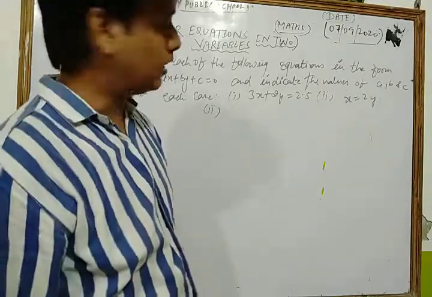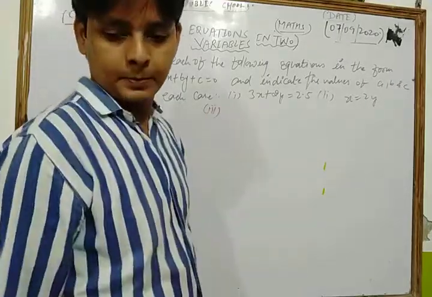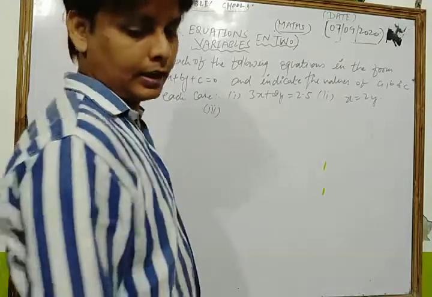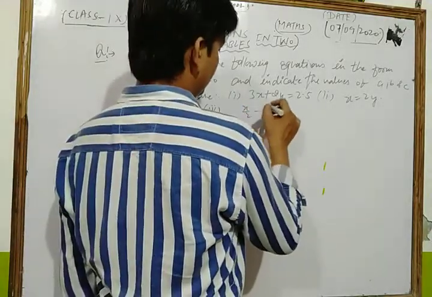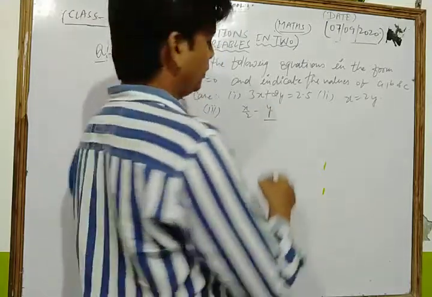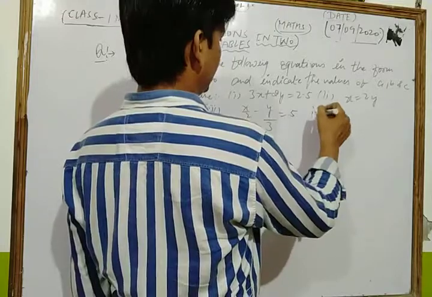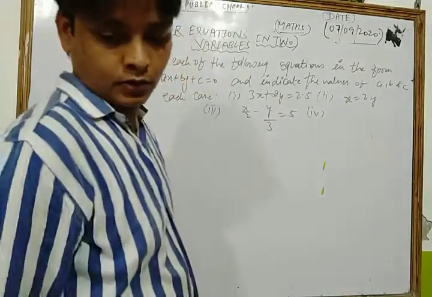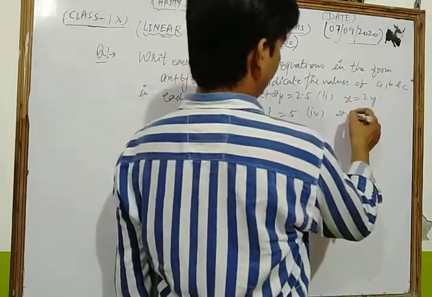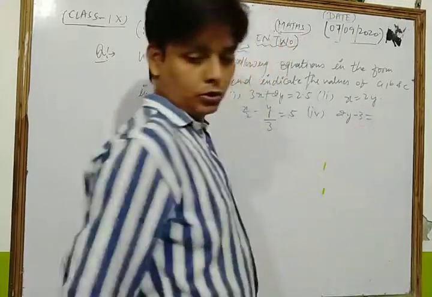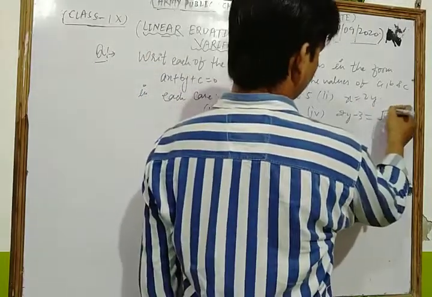Third one is x upon 2 minus y upon 3 is equal to 5, and the last part of this question is 2y minus 3 is equal to under root 2x.